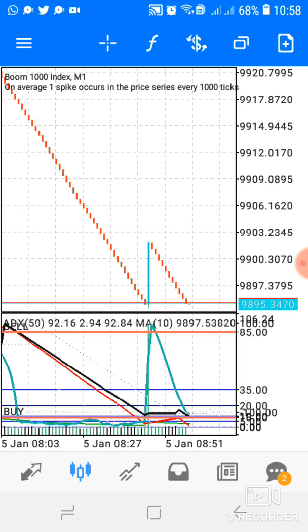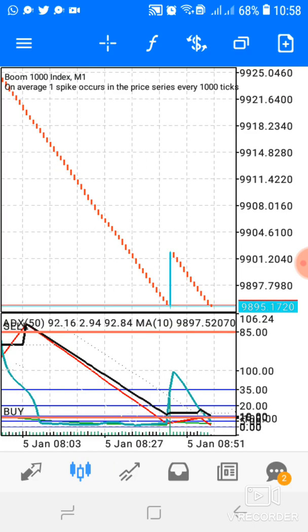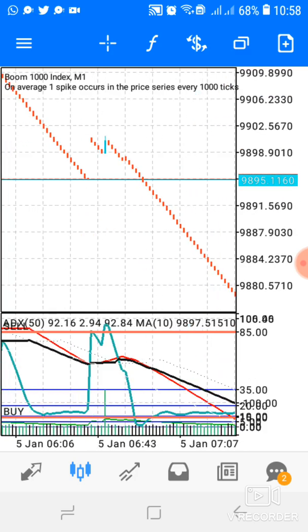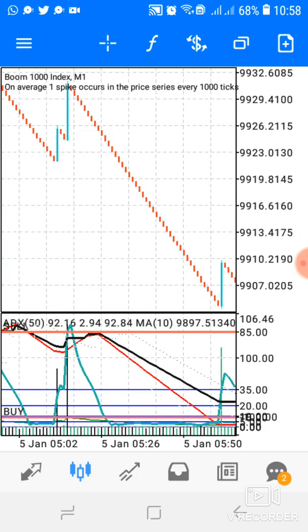Once it spikes now, the Ichimoku will move from the buy line and go on top. In this case, we are holding a trade. If you go long, you are holding a trade. Let's look at what happened in our previous one.